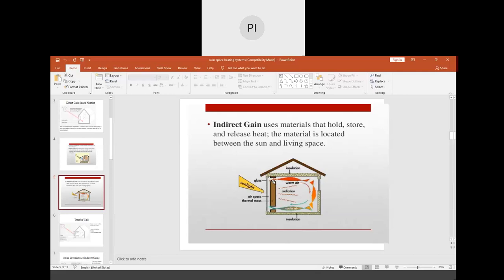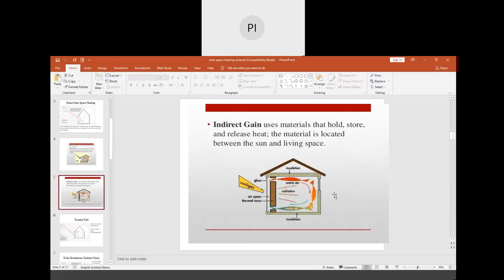At night time, it slowly starts releasing the heat, which spreads throughout the room, and the cool air comes down because of its high density and again enters the air space. Again the thermal mass heats up this cool air and sends it back. In this process, the room is filled with warm air.